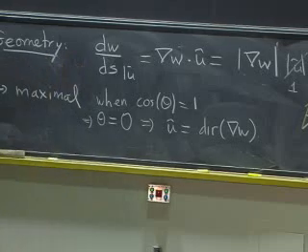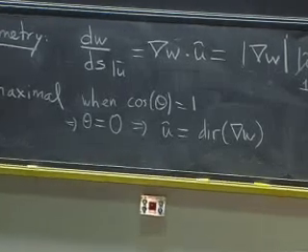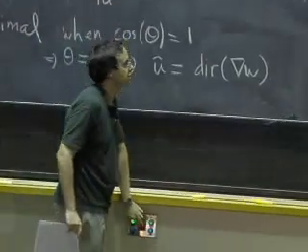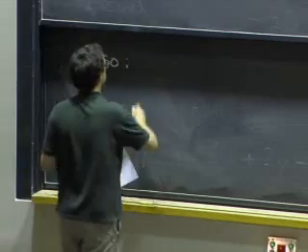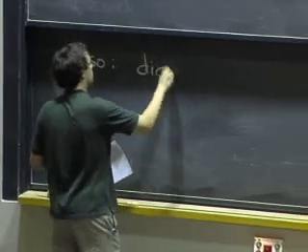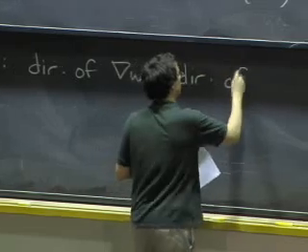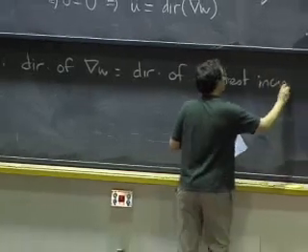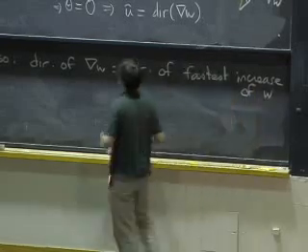Okay, so that's a new way to think about the direction of the gradient. The gradient is the direction in which the function increases the most quickly at that point. So the direction of gradient w is the direction of fastest increase of w at the given point.